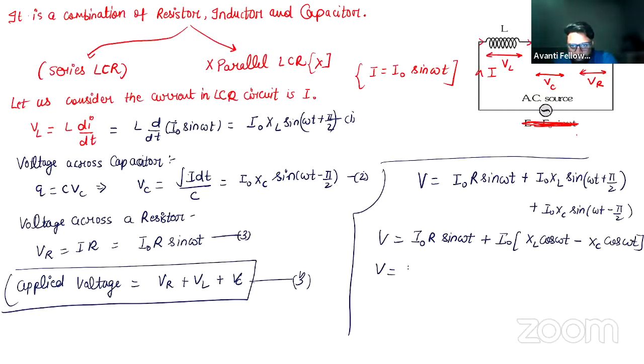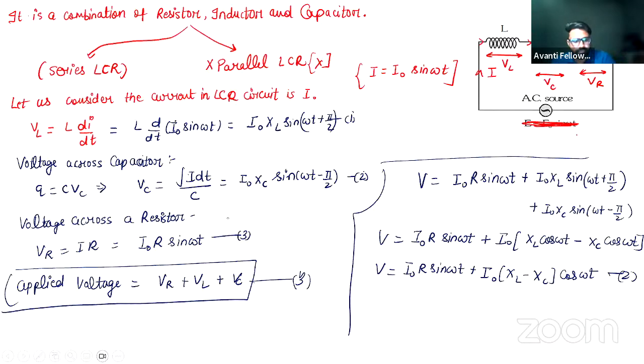Now from here, I naught R sine omega t plus I naught XL minus XC cos omega t. Now, based on the value of this XL and XC, we will derive whether finally the current or voltage will lead or lag. Let's just understand this. Just give me a moment.